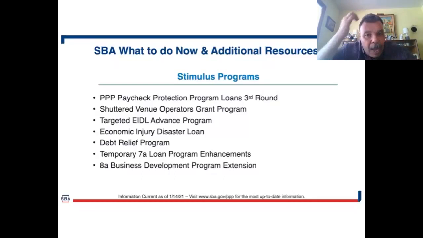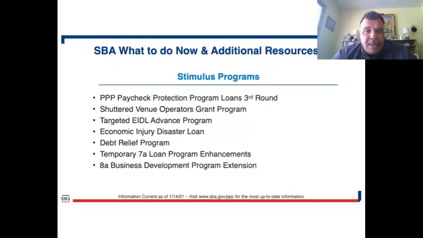All right? With the 8(a) Business Development Program extension, many of you know that the 8(a) program is a great program for those businesses that have been traditionally left out of the process, that want to go ahead and do business with the United States government and capitalize on that $550 billion, of which 23% has been set aside for small businesses, and of that, at least half has been set aside for those who have been traditionally left out in different percentages.